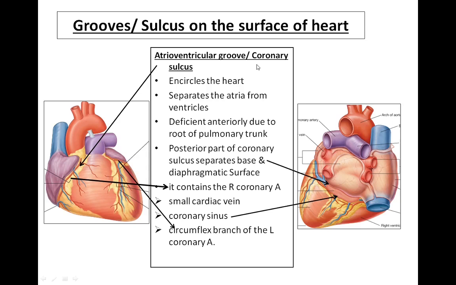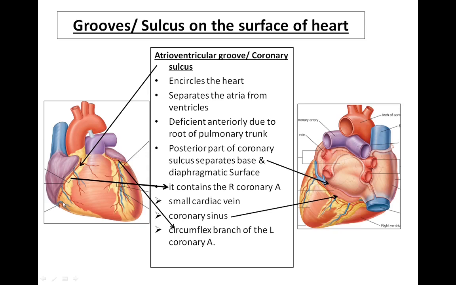So first come to the coronary sulcus. It starts at the upper part on the sternocostal surface, separating the right atrium and the right ventricle. Then it runs downwards towards the right side, then it reaches the inferior border.